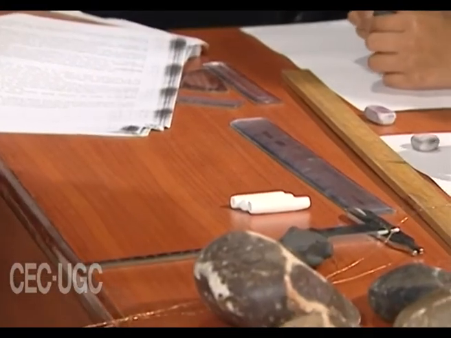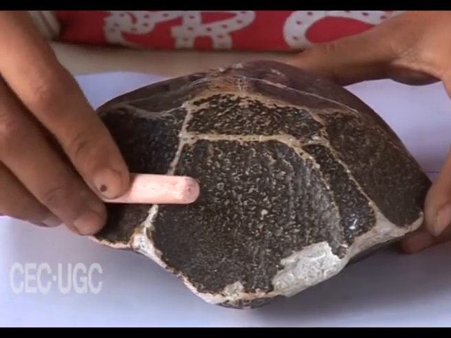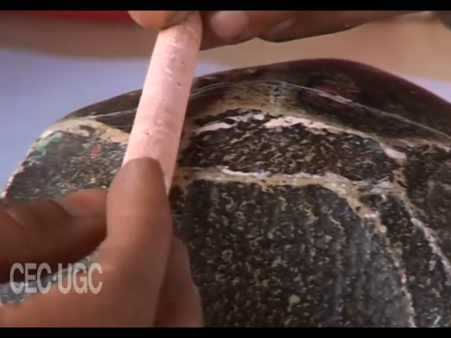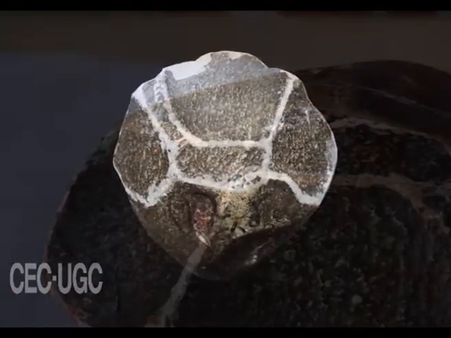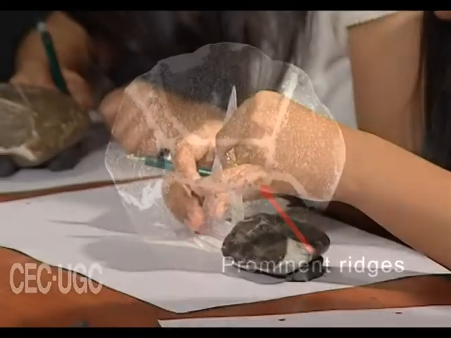Hence, each student should take a chalk stick and gently roll over the dorsal surface of the given tool, so that prominent ridges are marked nicely.